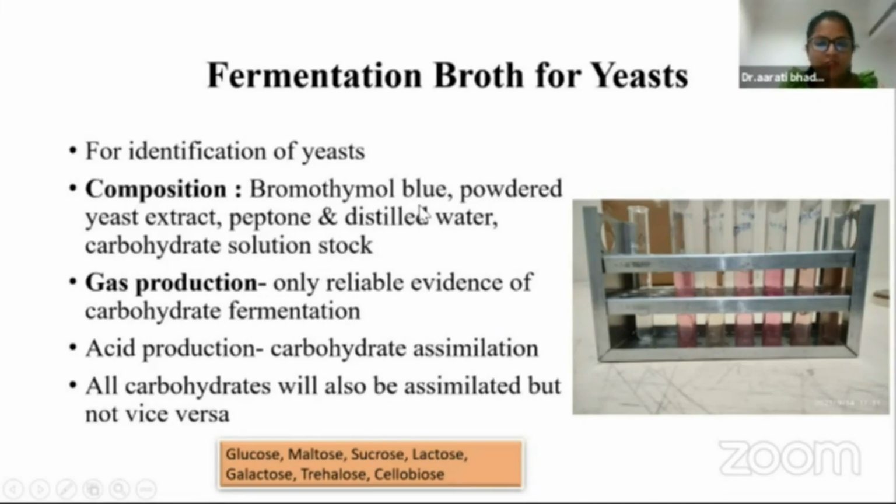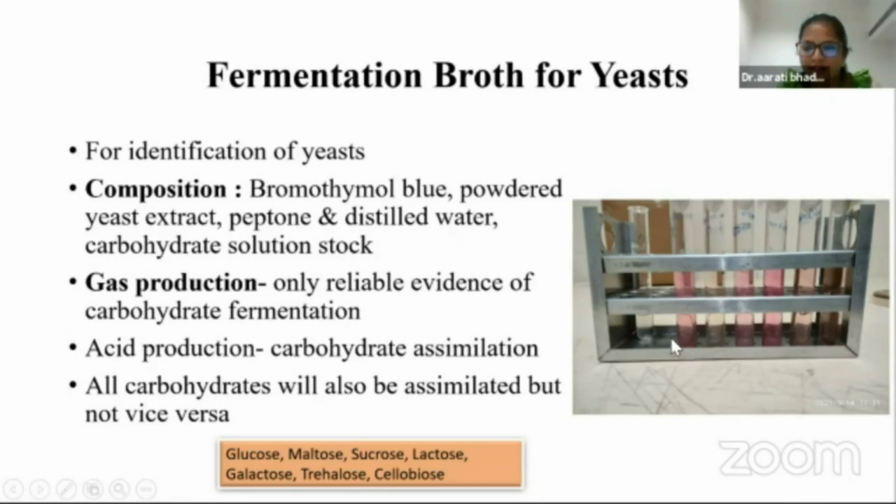Here, bromothymol blue indicator we will use, but we can use Andrade's indicator also. Here we have used Andrade's indicator, and we should add the Durham's tubes also, so that if there is gas production, it indicates fermentation.